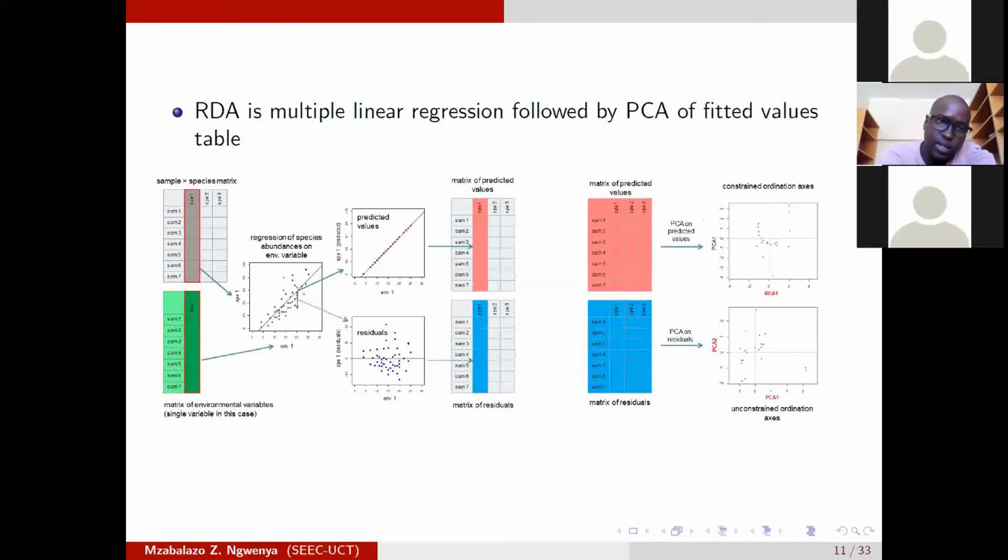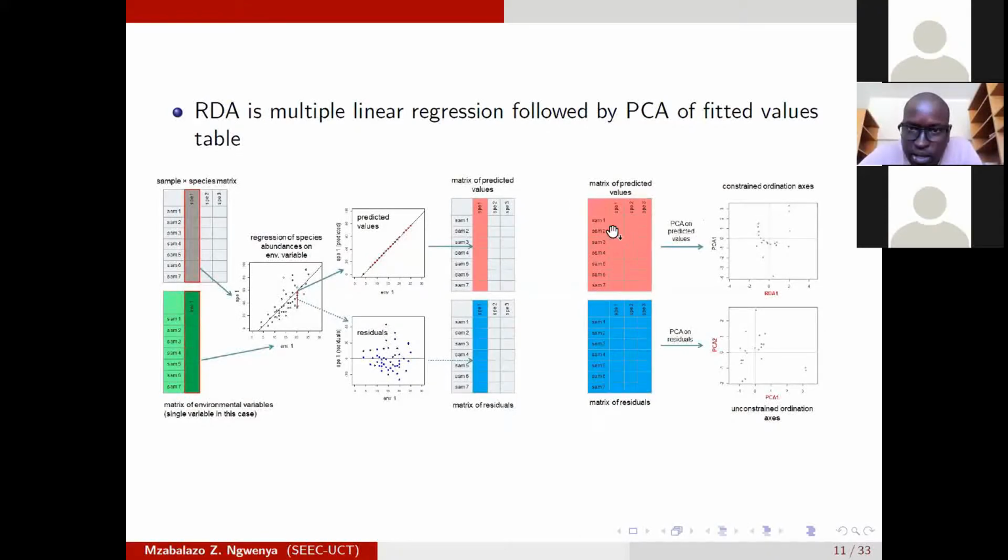So we try to predict the amount, if we have abundances in there, we try to predict the abundance at each sample site for each species, okay? And that is our first regression. So then obviously we'll have a matrix of predicted values. So this will be the predicted abundances for each of the sites for that particular species. So this is repeated for all species in your data set.